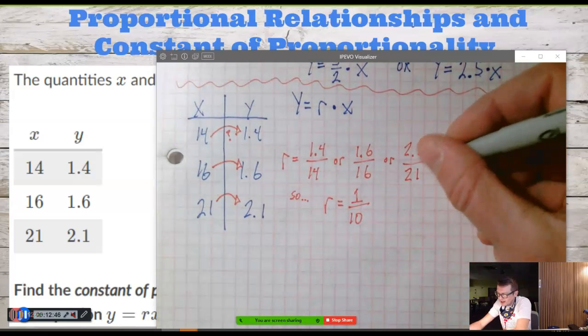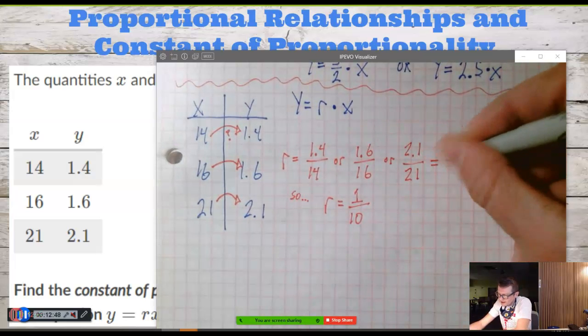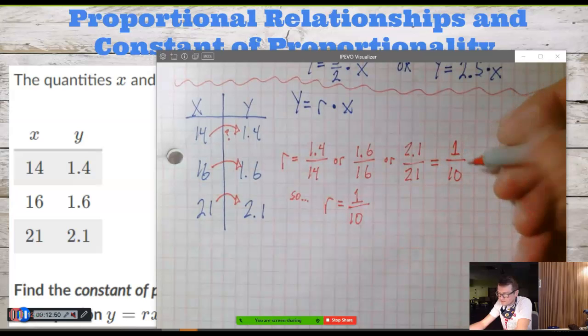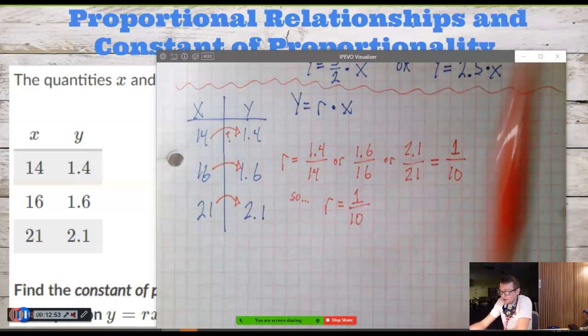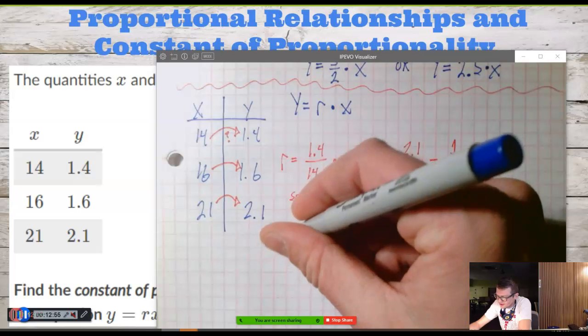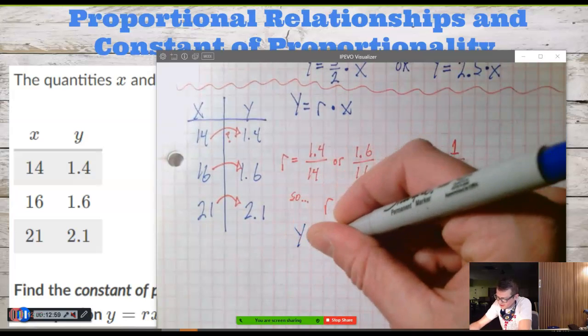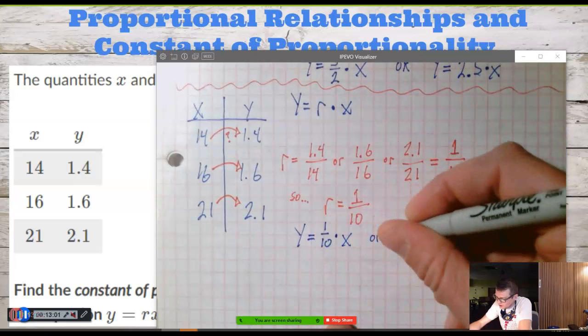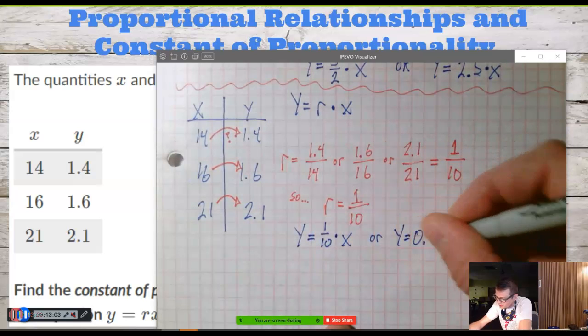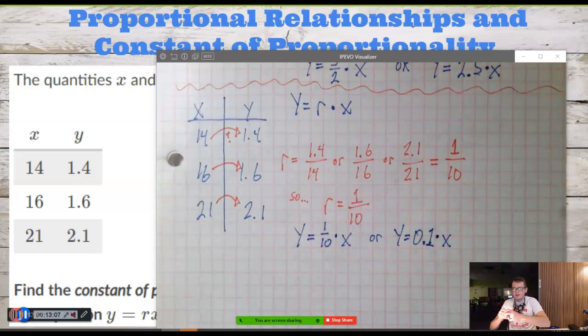So if the top was 1, the bottom would be 10. So our constant of proportionality is 1/10. So we will say y is 1/10 of x, or you could say y equals 0.1 times x.